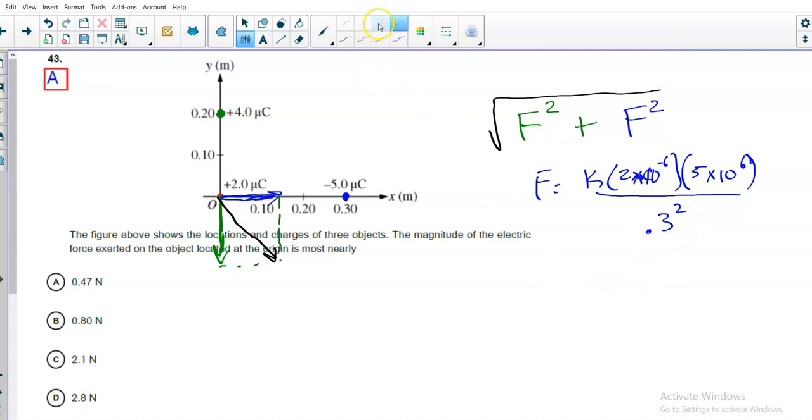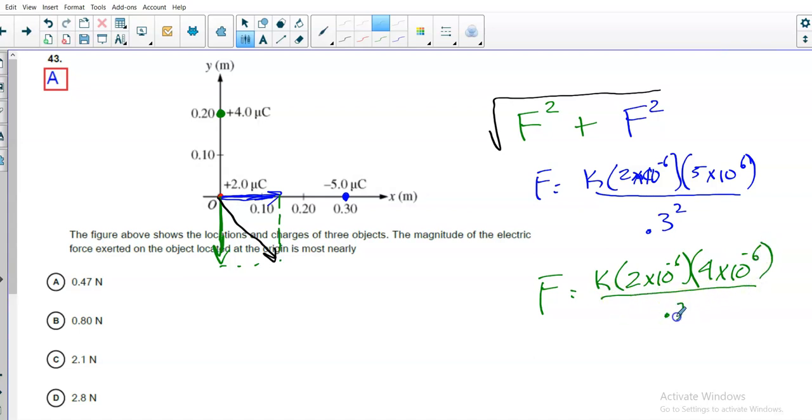And then the green force is going to be K times 2 times 10 to the negative 6 times 4 times 10 to the negative 6, divided by 0.2 squared.